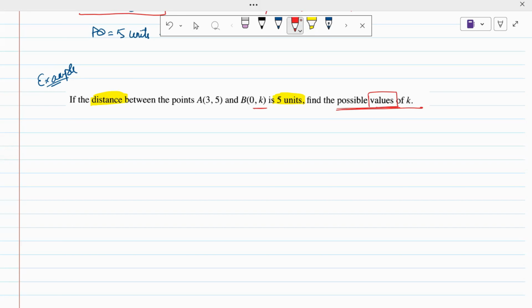The plural term is an indication that you should end up getting more than one value of k. And most probably you'll end up getting a quadratic equation. Because a quadratic equation is the only possibility that would give us multiple answers, the two possible answers. So you have to keep in mind that the plural term values means there should definitely be two or more answers.